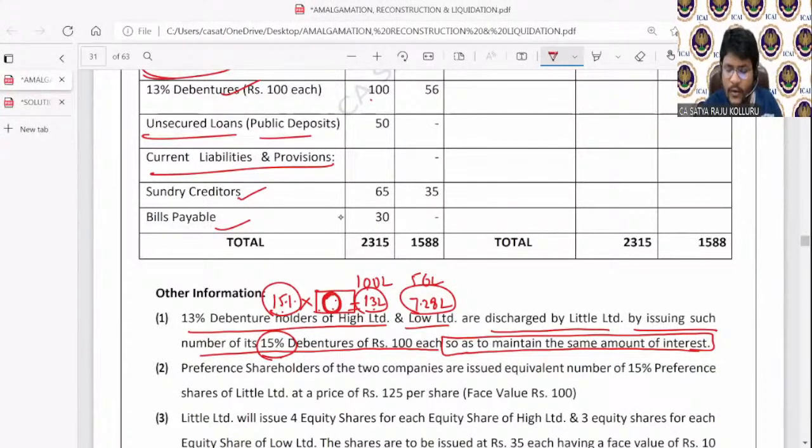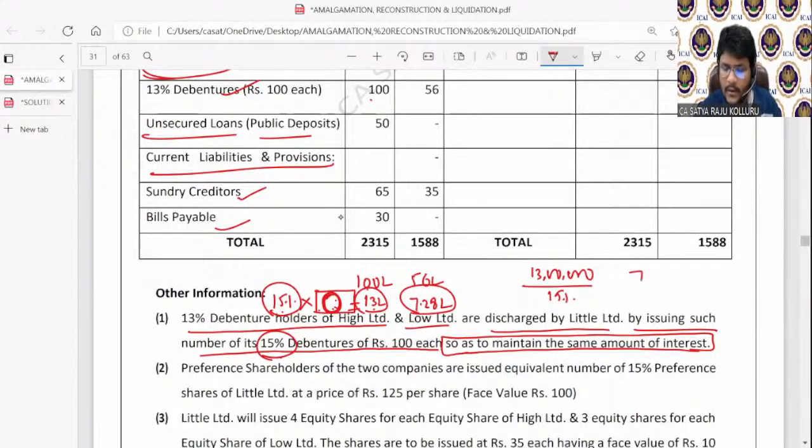So the face value of debentures to be issued is equal to 13 lakhs divided by 15%, which means I need to issue 86.67 lakhs worth of debentures. Am I right, guys? All of you with me? So 13 lakhs divided by 15% is how much?